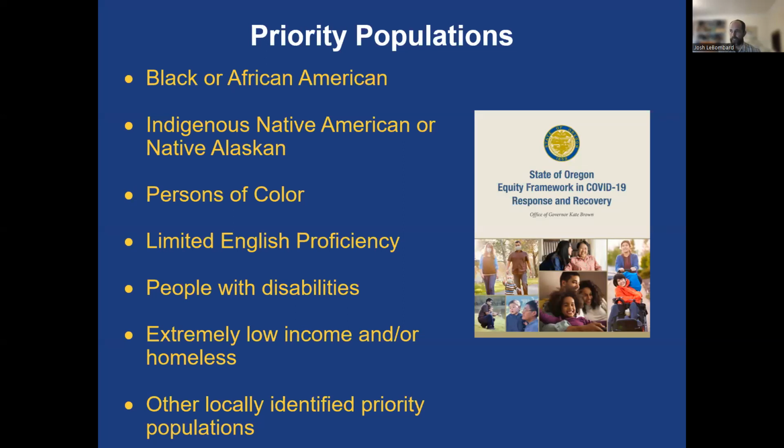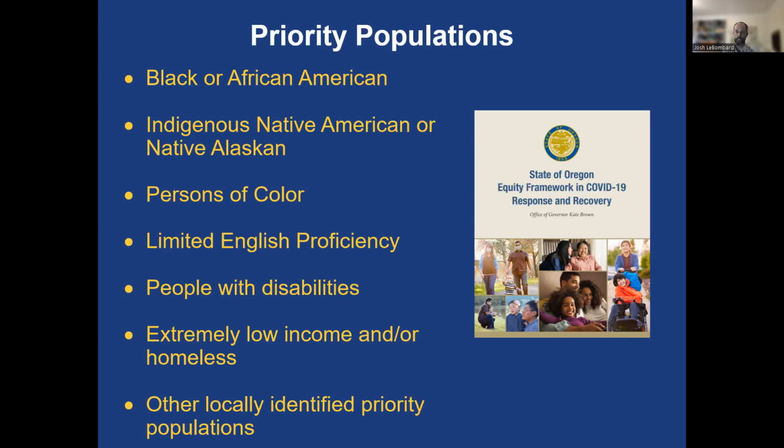So this biennium, applicants in all of the technical assistance grant categories are required to propose outreach and community participation plans that reflect inclusive outreach to priority populations, which are identified in the state of Oregon's Diversity, Equity, and Inclusion Action Plan.